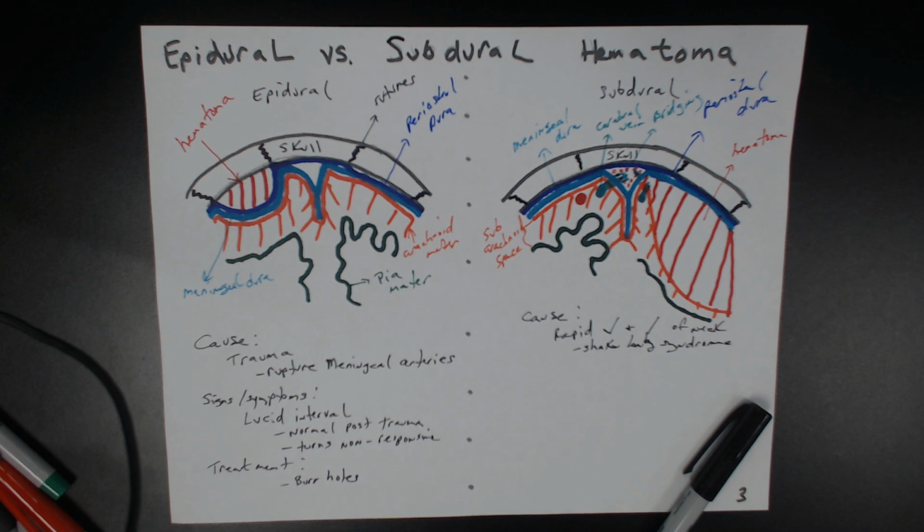That's shaken baby syndrome, and you can imagine that rapid shear force just ripping those bridging veins out of the superior sagittal sinus. That's what causes the rupture.